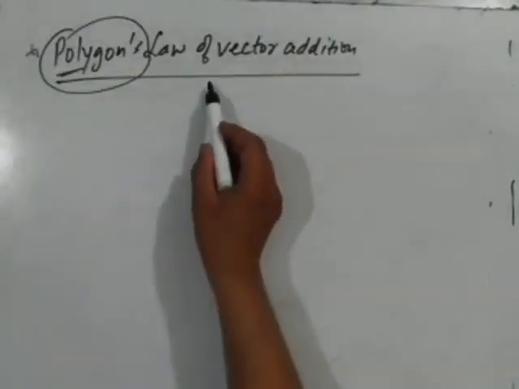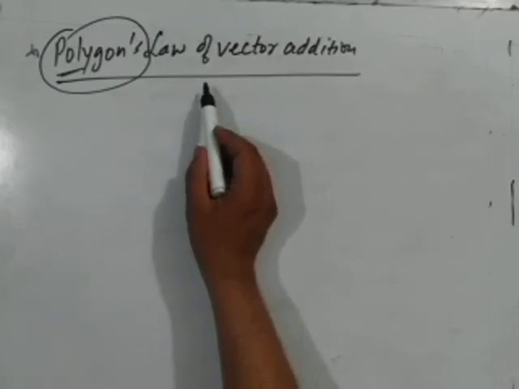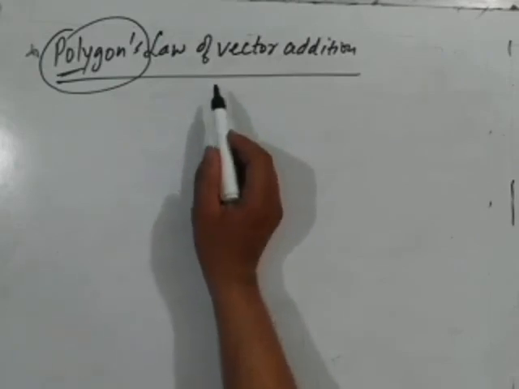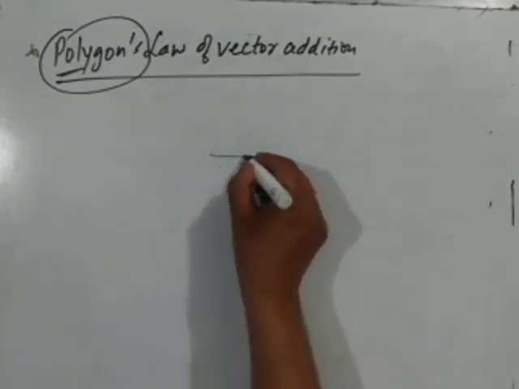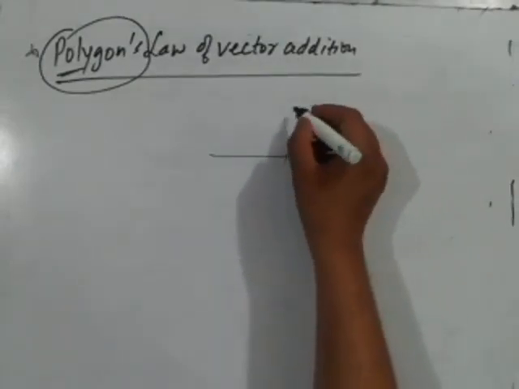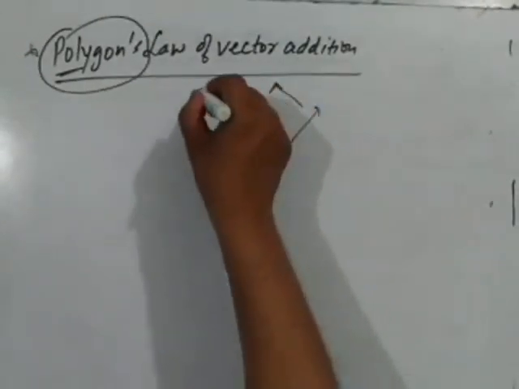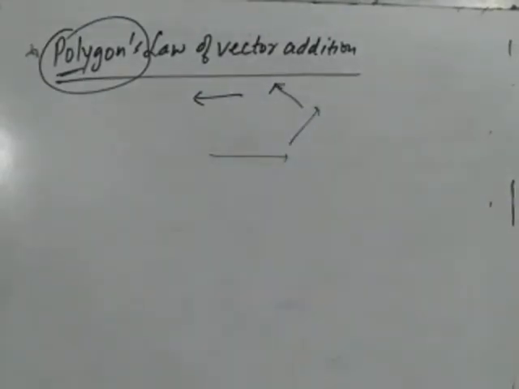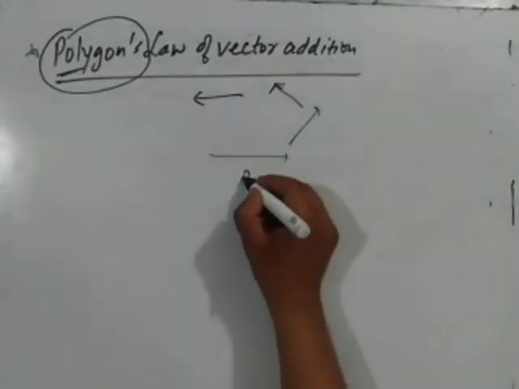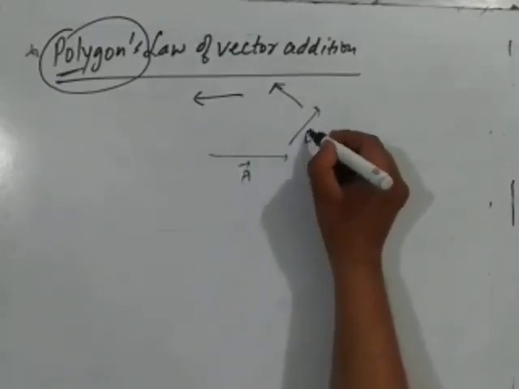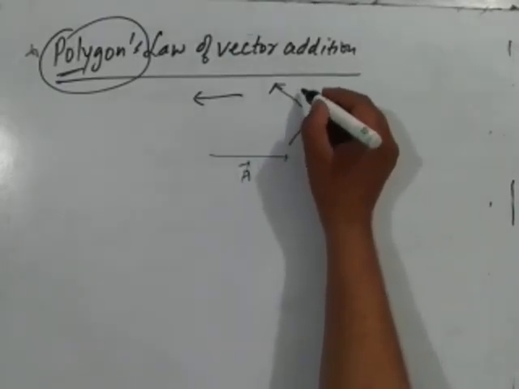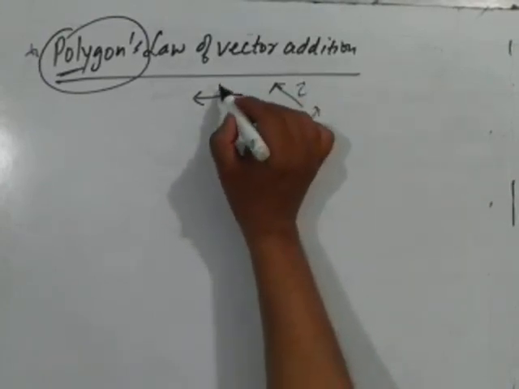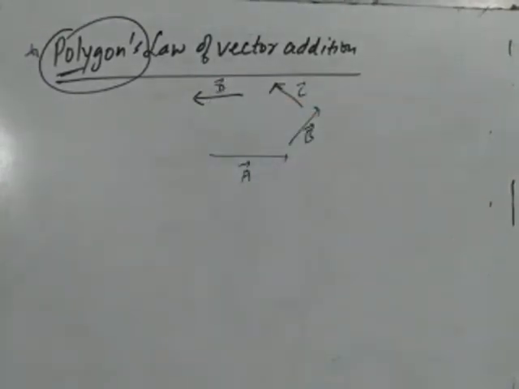So if there are a number of vectors, that is more than 2, acting in different directions, and we have to find out their resultant, then we will use Polygon's law of vector addition.